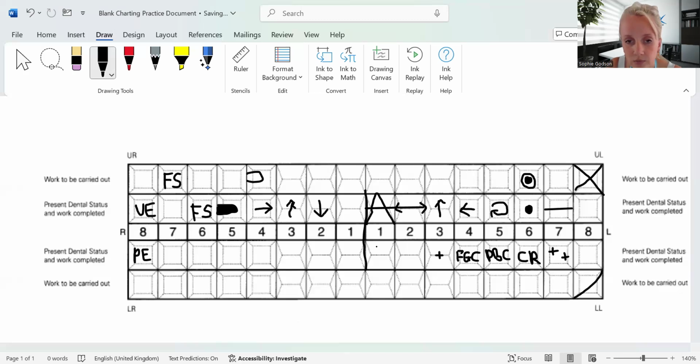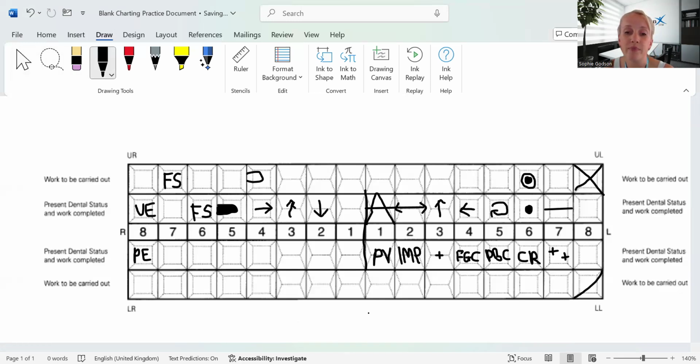Porcelain veneer, we've got P V. I'm going to make that V a little bit better just so I don't confuse you all. PV. Implant is just imp. You're just going to write in big letters imp, like so.